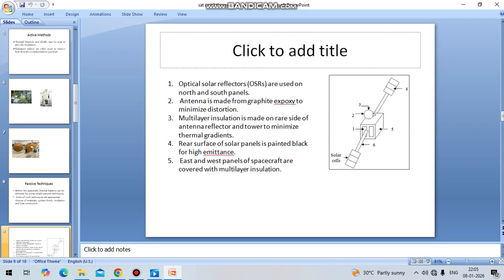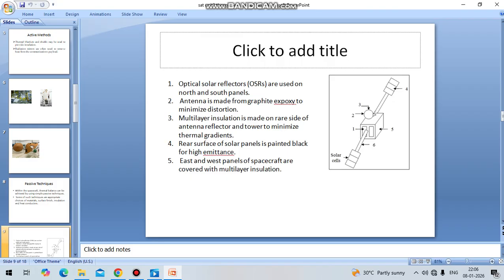This figure indicates the various positions showing how the heat energy is reduced in a satellite. In position 1, we are fixing the optical solar reflectors, placed on the north and south panels, and also the antennas are made from graphite epoxy. The purpose is to reduce distortion.